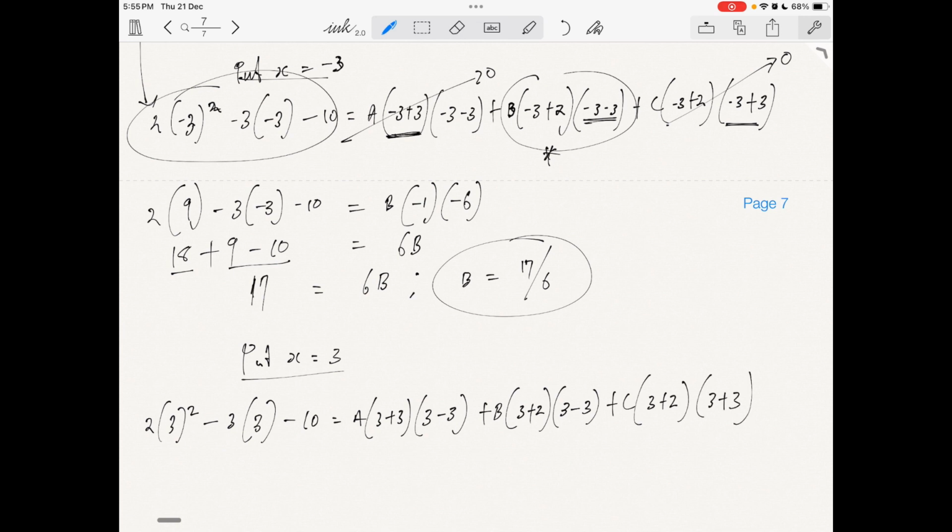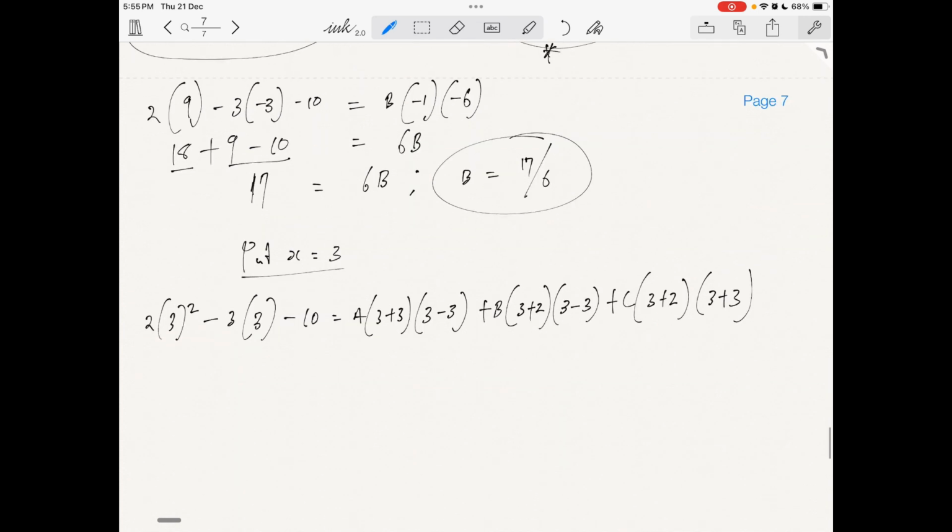With respect to that, we can now see that 3 minus 3 here and 3 minus 3 here is 0.